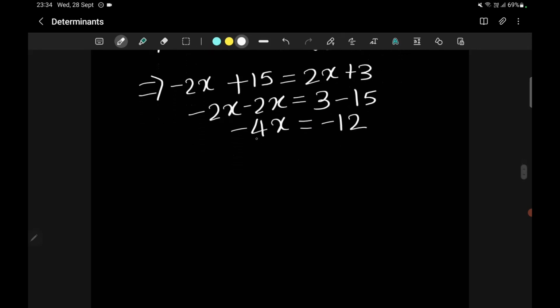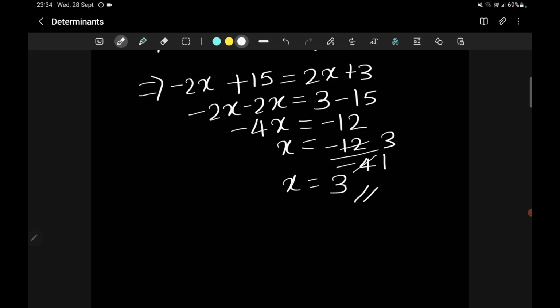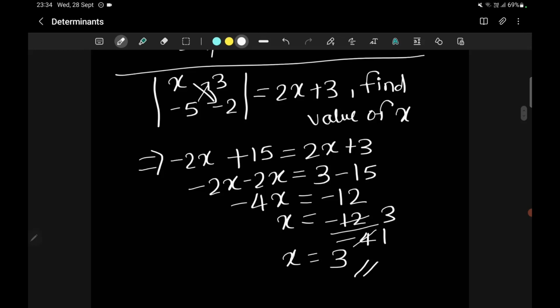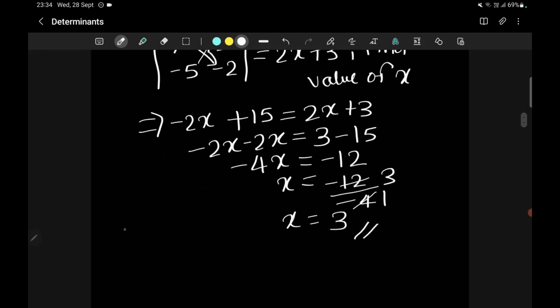Now we will take this minus 4 to the RHS. So x is equal to minus 12 divided by minus 4. Therefore x will be 3. This is how you can find the value of x.